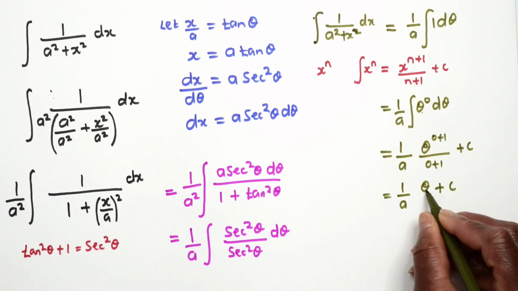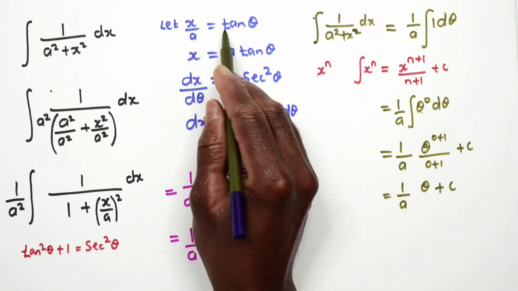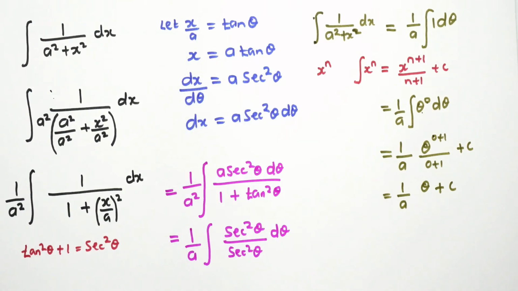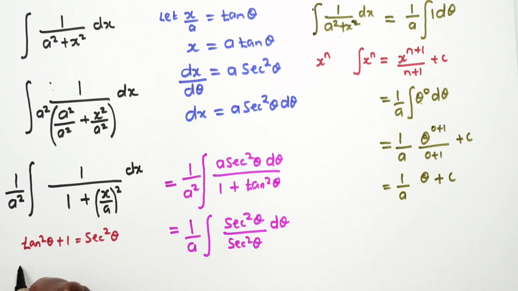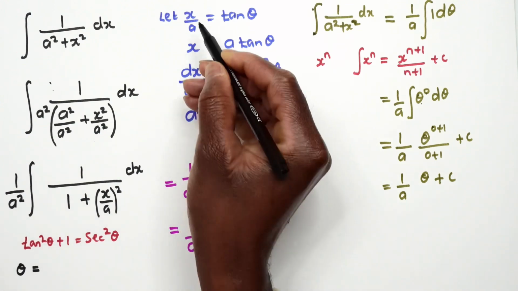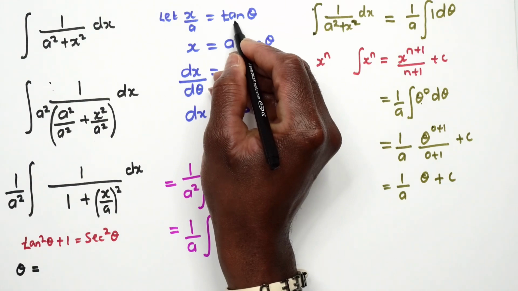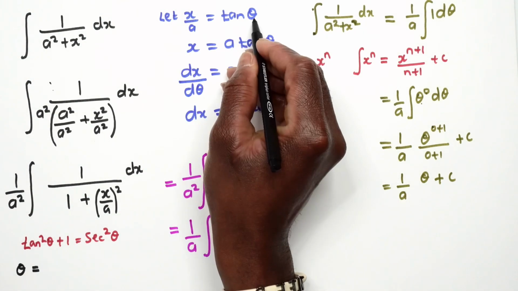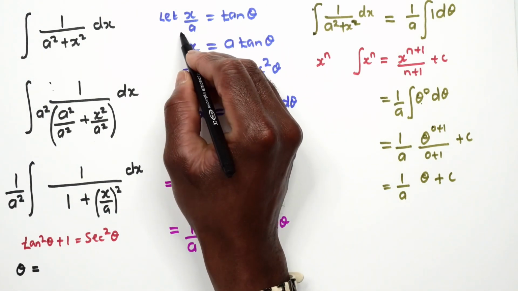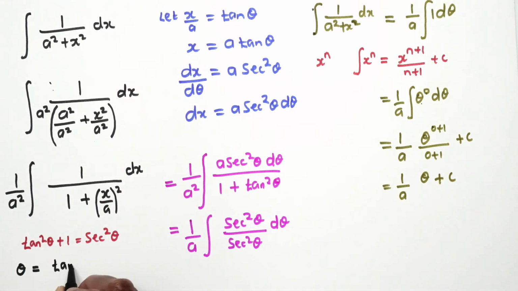But what is theta? I can rearrange this and make theta the subject. Theta will be inverse tan, because if I divide by tan I get theta on its own, and 1 over tan is tan to the power minus 1 in the indices, of x over a. So that's what theta is.